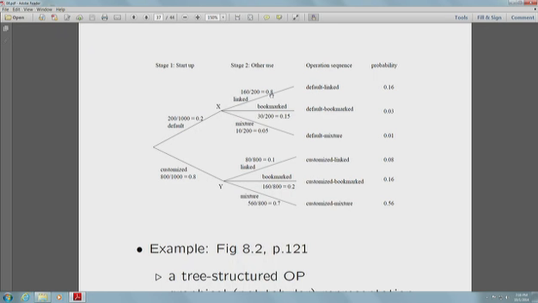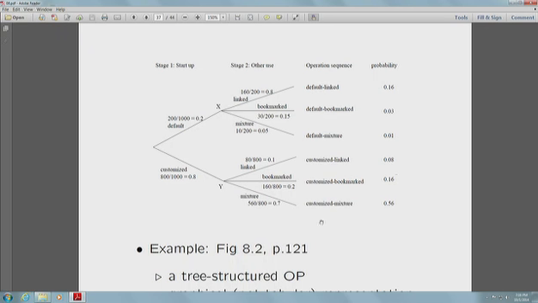And the probability of following this and this is basically this probability multiplied by this probability, right? You get this one. So you can actually enumerate all the paths from the root to each of the leaf nodes, and you get the operational sequence and the probability.